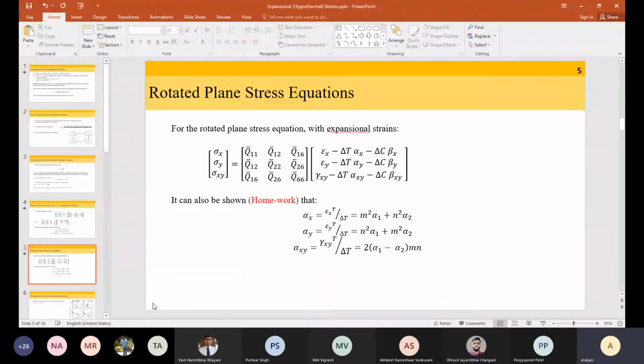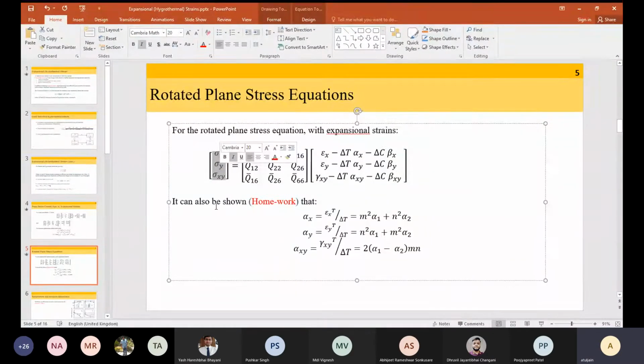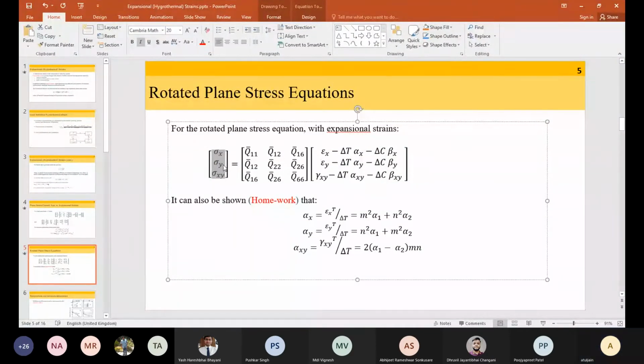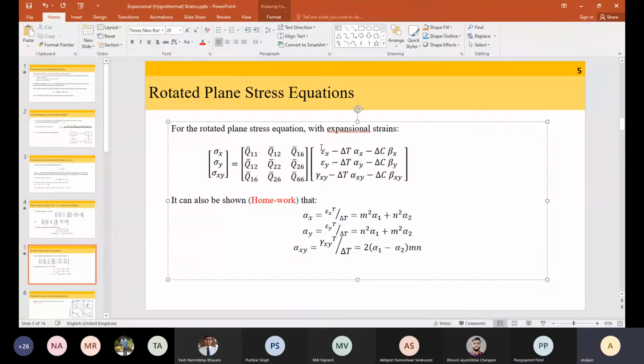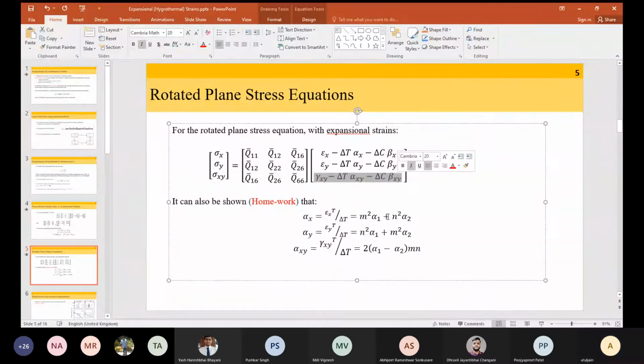So in general, for a rotated plane stress, with expansional strains, your equation will come out to be something like this. Stress in any arbitrary cross section, sigma x, sigma y, sigma xy will be equal to your apparent stiffness into the strains, but here we are also adding this term.